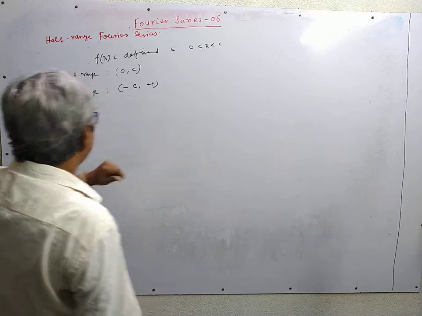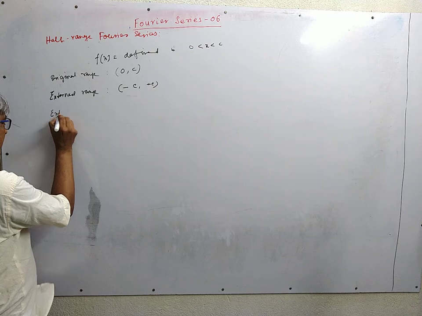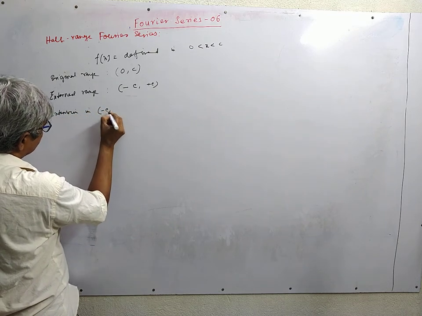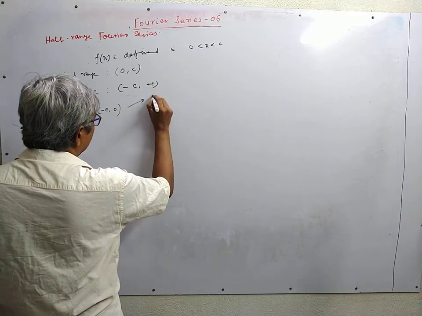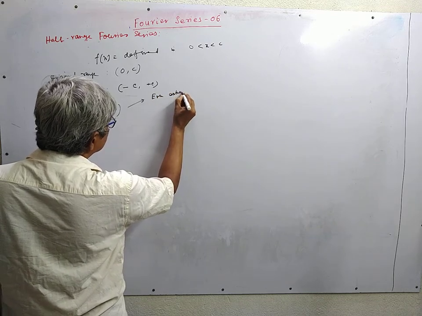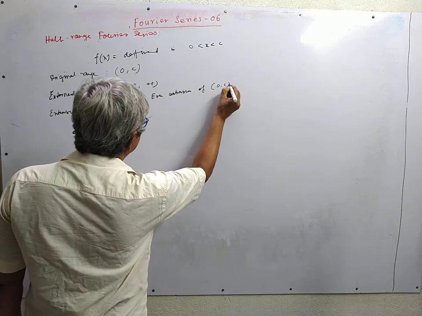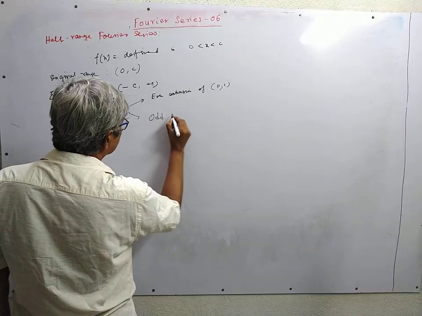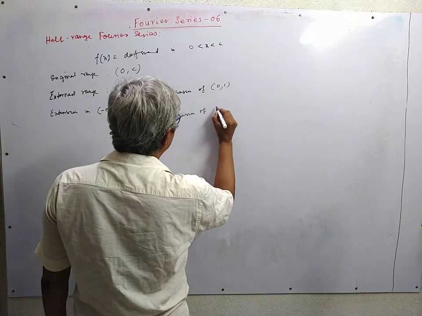We can extend the function in minus c to 0 in two ways: by even extension of the 0 to c range, or by odd extension of the original range.